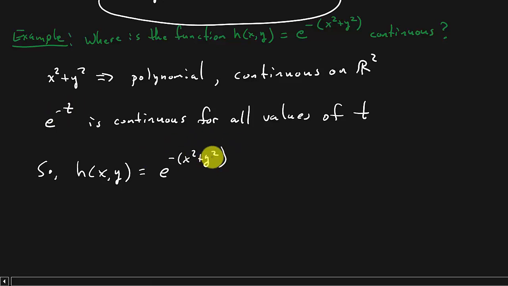So it doesn't matter what this is. This entire exponent can be anything. And we know x squared plus y squared is continuous everywhere. It can be anything, but it's a polynomial. So we know this is continuous on R2.